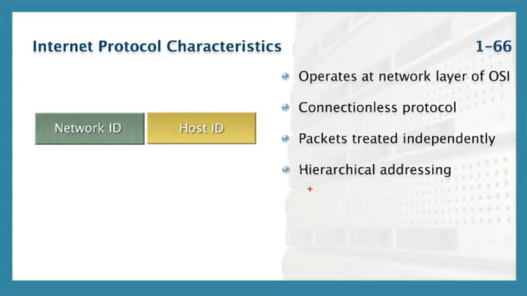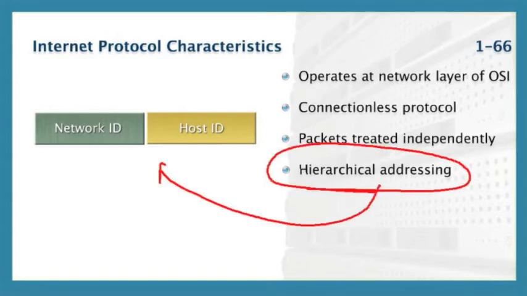Now, what is the addressing that we have at this layer? The addressing that we have at this layer is hierarchical addressing. It consists of a network portion and it consists of a host portion. Hierarchical addressing. Okay, network portion and host portion. And we're going to get into this, as you might guess, in much greater detail.